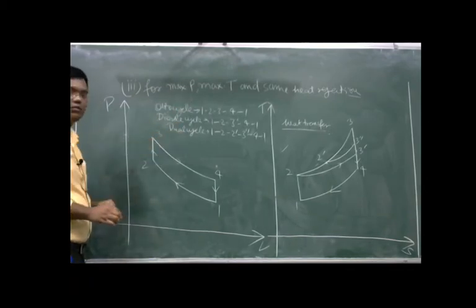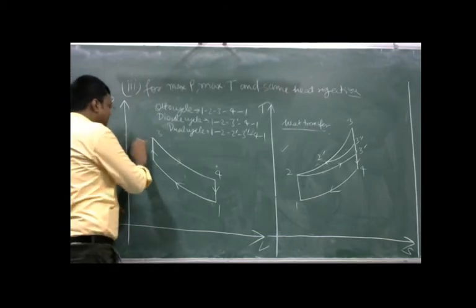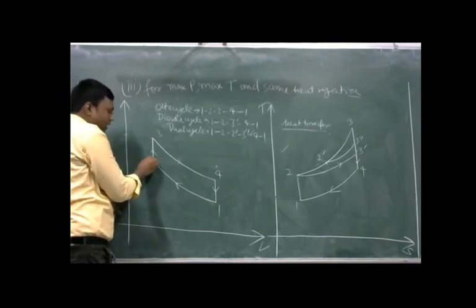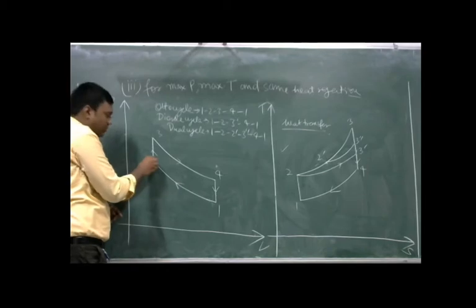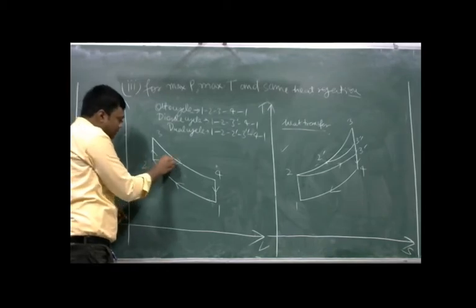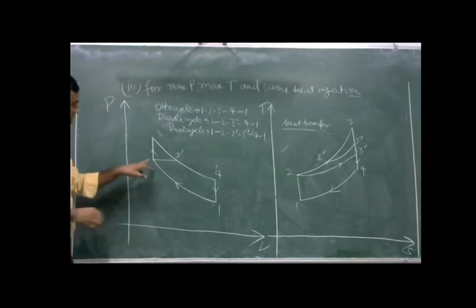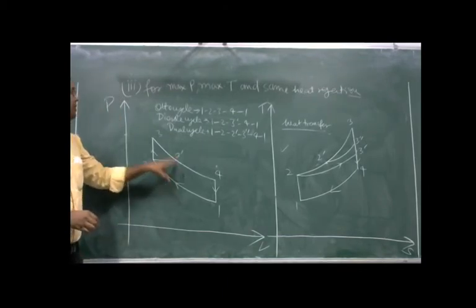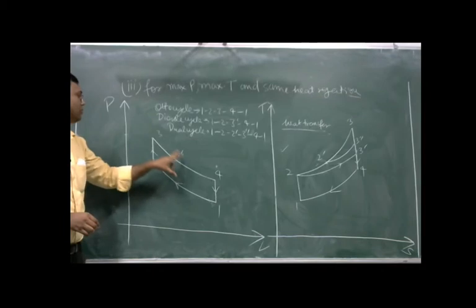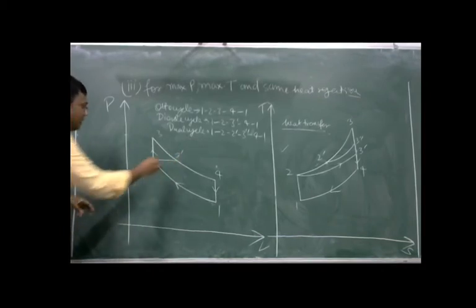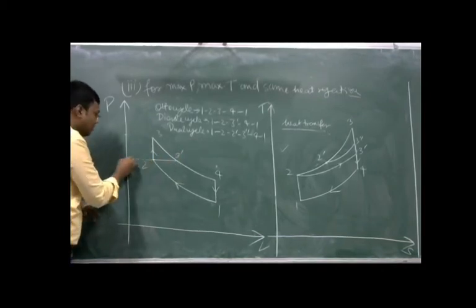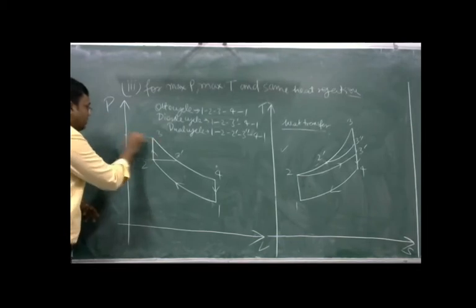Now if we draw the diesel cycle from point 2, it will come like this and point 3 comes here, 3 dash. Then point 3 changes from 3 to 3 dash, the pressure value changes, and the maximum pressure is somewhere here.